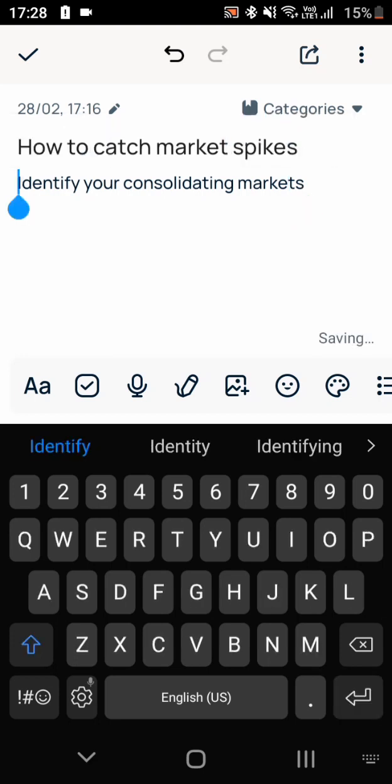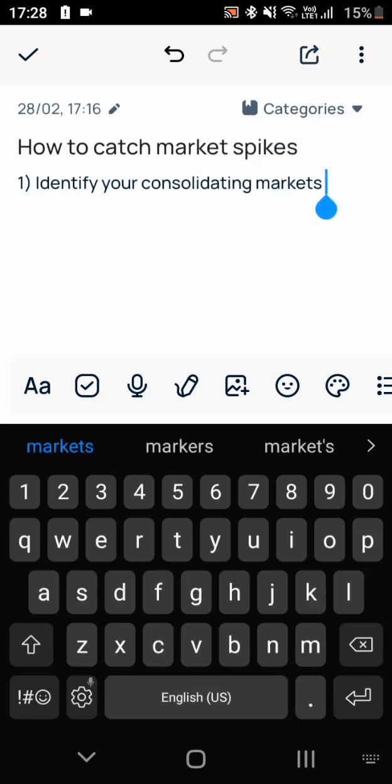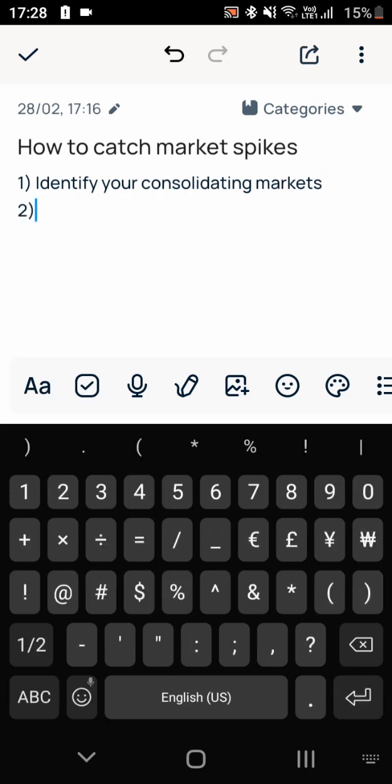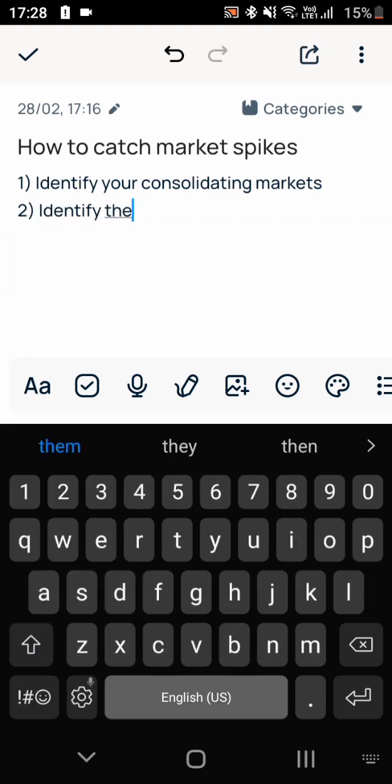So number one was identify your consolidating markets. Obviously, guys, you will do this step or this process after you found the higher time frame direction. So this is a confirmation. This will tell you that a spike is coming. And then number two will be identify the break.